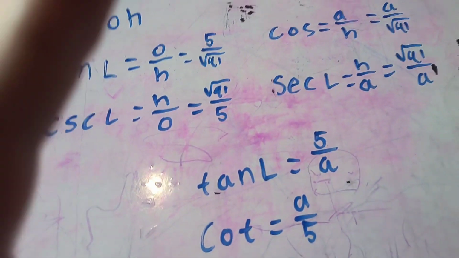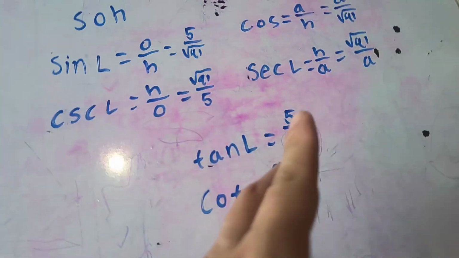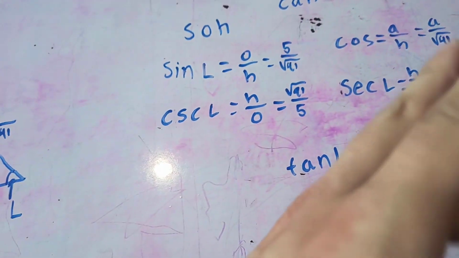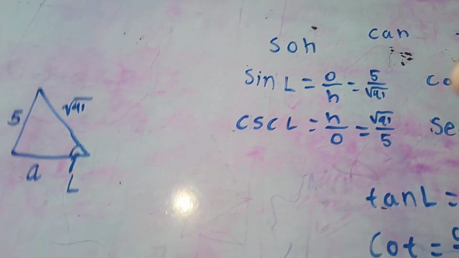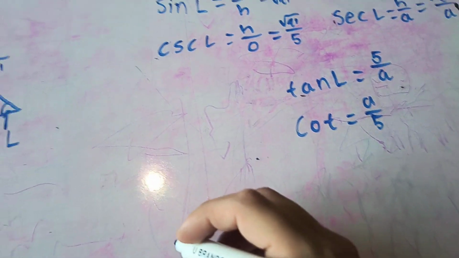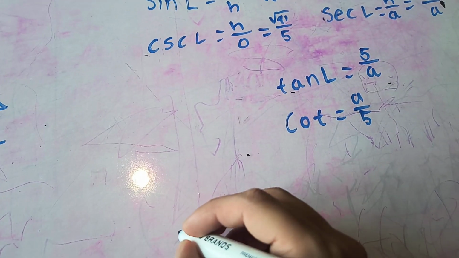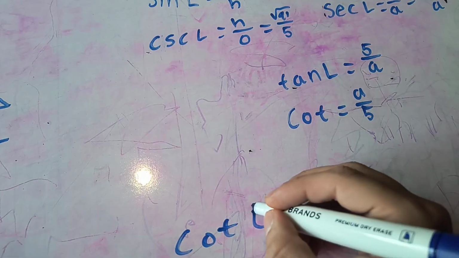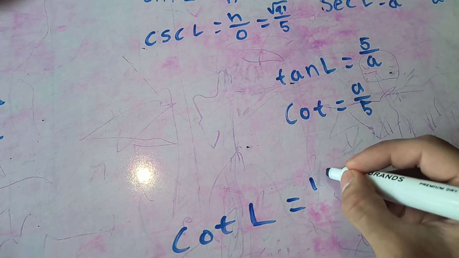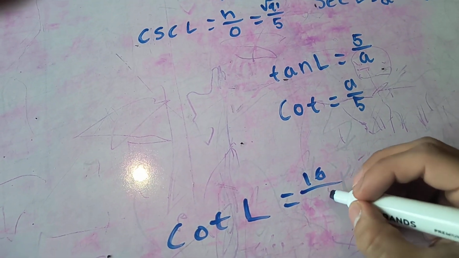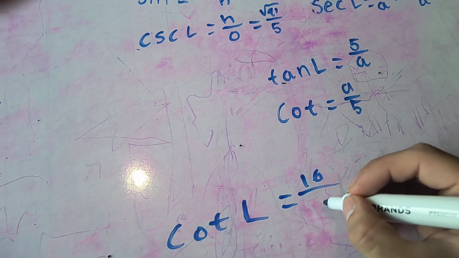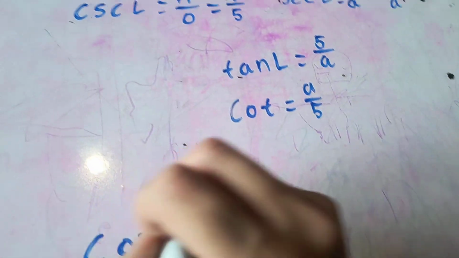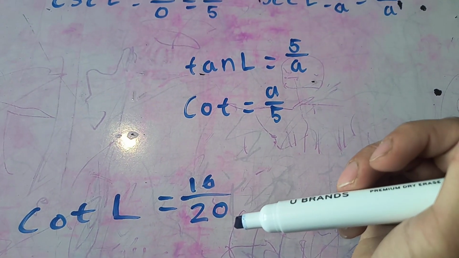Okay. Now actually I got to give you something to be able to solve for A, because we got to solve for A to figure out all the ratios. Let's say that the cotangent of L is equal to 16 over 20.